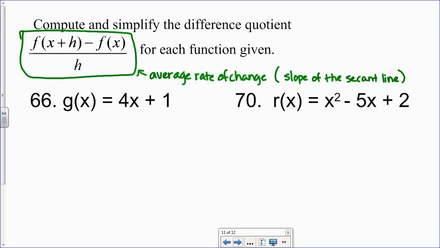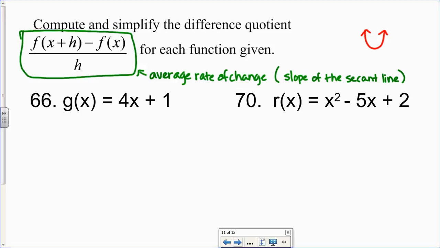Okay. So not every graph is a line, and therefore it has different rates of change. If you think of a quadratic, it's going to look something like that. The slope on the left is negative, it's decreasing.